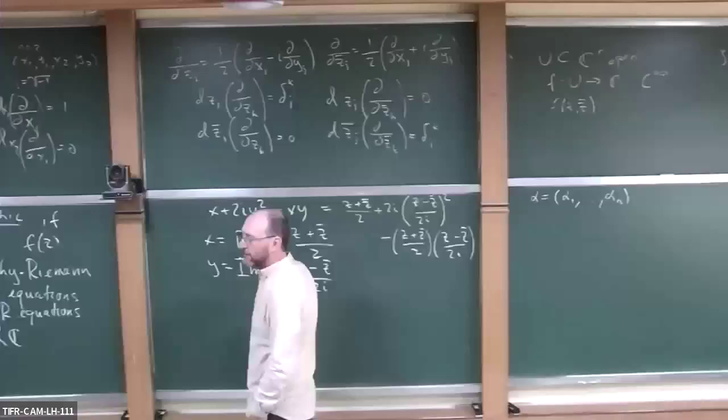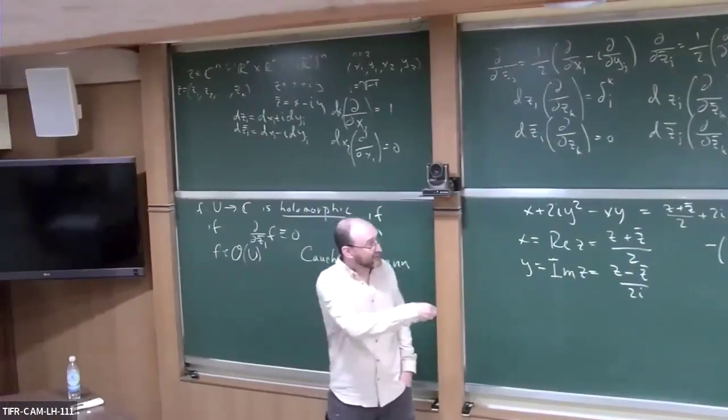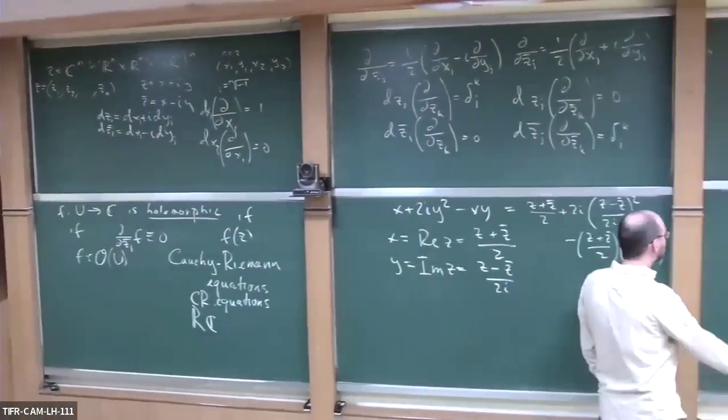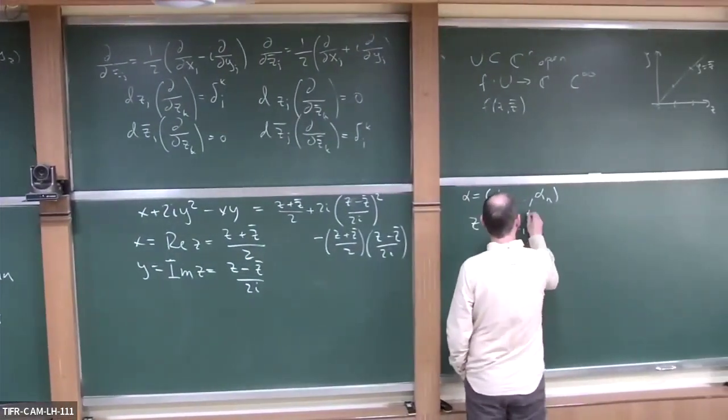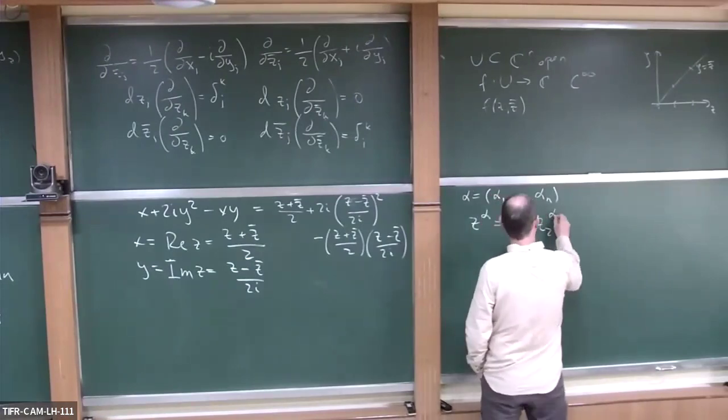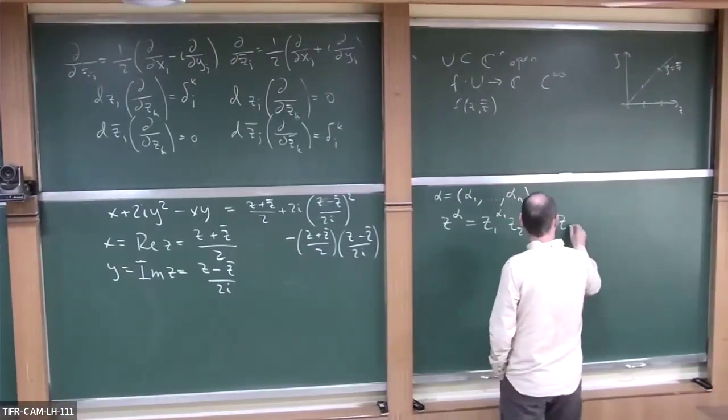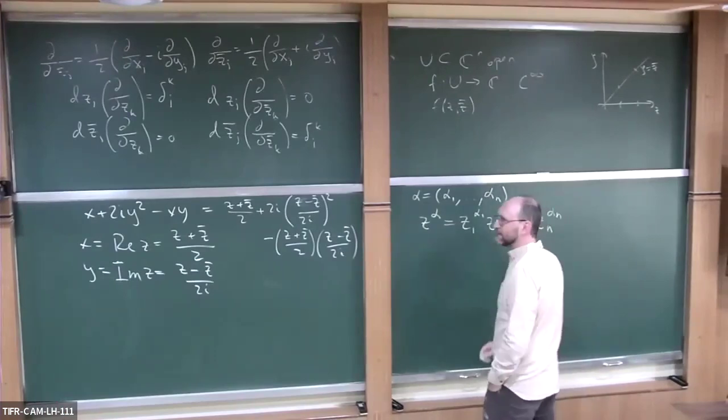So really I have these vectors of powers, alpha 1 through alpha n. And if I write Z to the alpha, what I really mean is Z1 to the alpha 1 times Z2 to the alpha 2, and so on up to Zn to the alpha n, right?